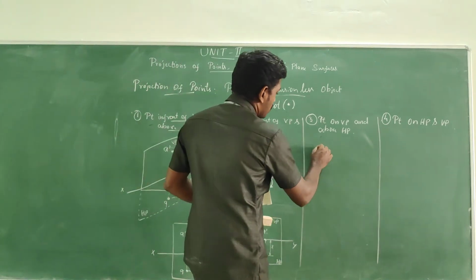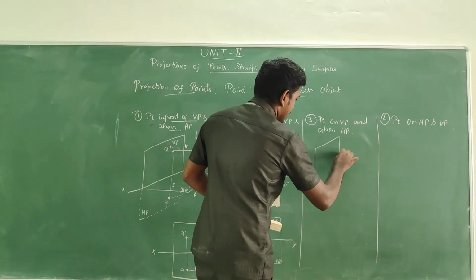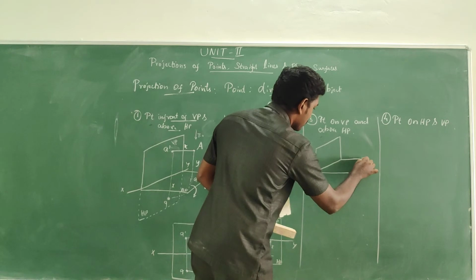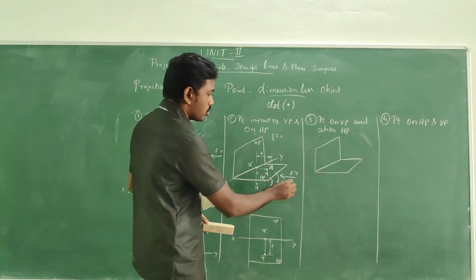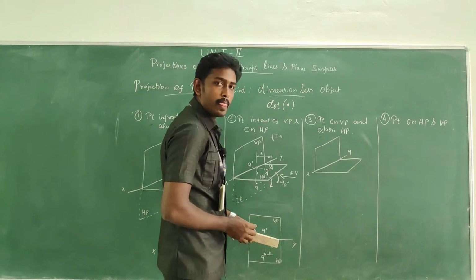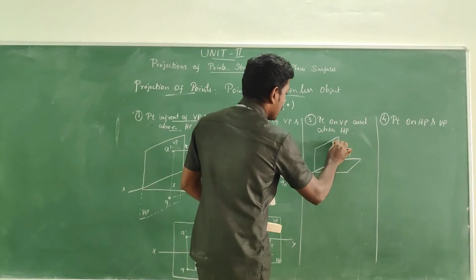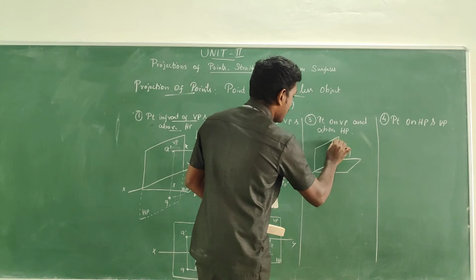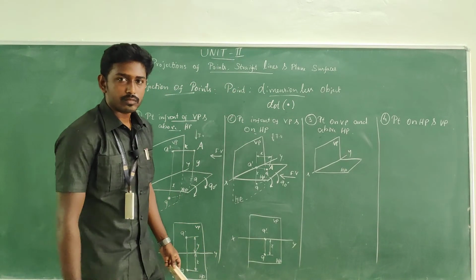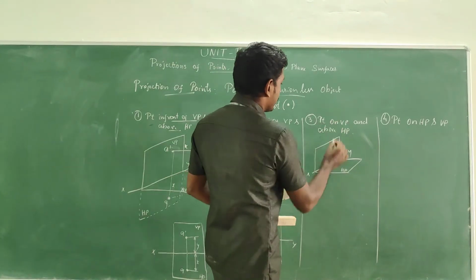Third case. If I take the first quadrant, so this is the case. The line which separates the reference plane XY, above HP, above the reference line is VP, and it is the horizontal plane. What about the position?